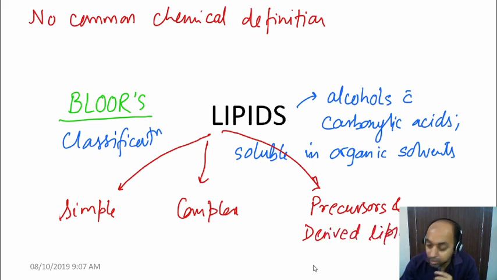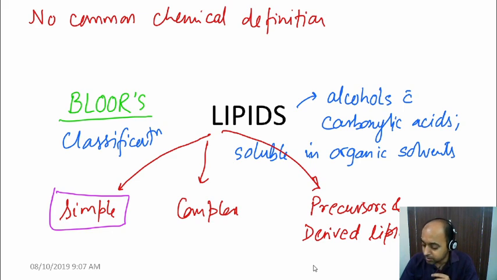So we still call them lipids. So precursors and the derived molecules, or the precursor and derived lipids. Let's look at them one by one, starting with the simple lipids.